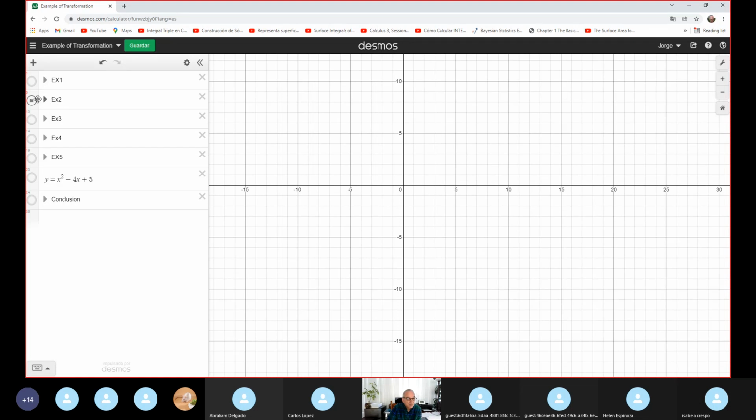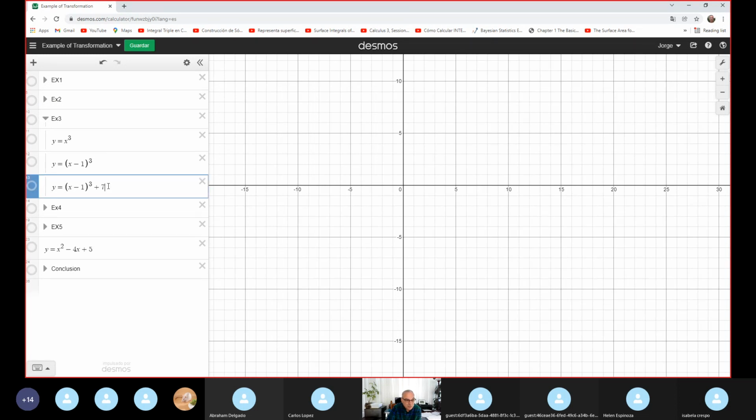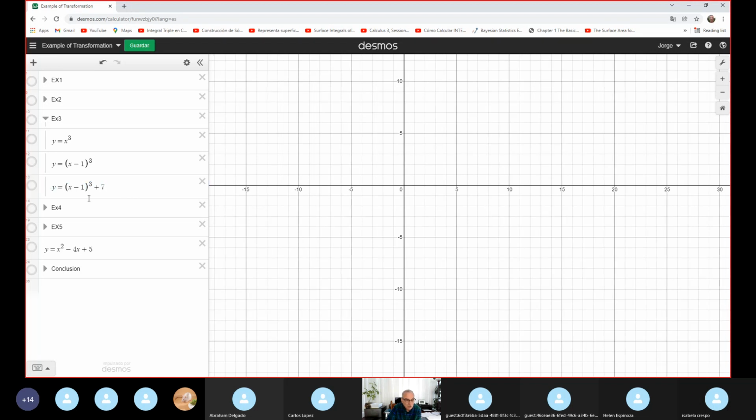Okay, this is example 2. Let's move to example 3. Example 3 is similar. It's a cubic function. So this expression is given. Do the graph of this function using transformations, and we start from the original basic function. By the way, the last class I sent you, and if you want I can send again, a Word document about the collection of the most important functions we are working with in this subject.